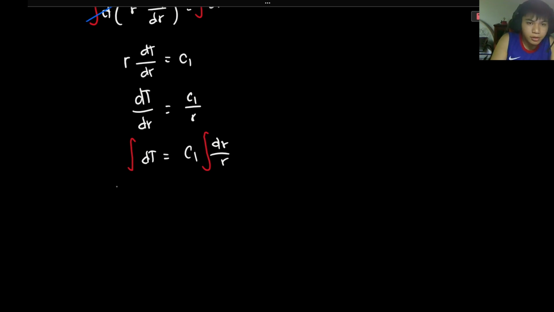Therefore, our T is equal to C1 multiplied by the integral we obtained, which is ln of r, plus C2. And this is our general solution.